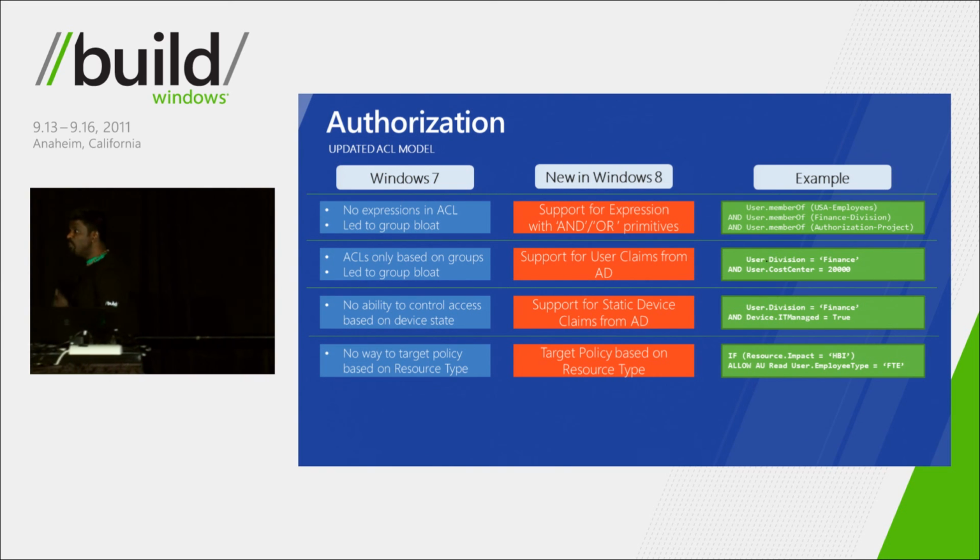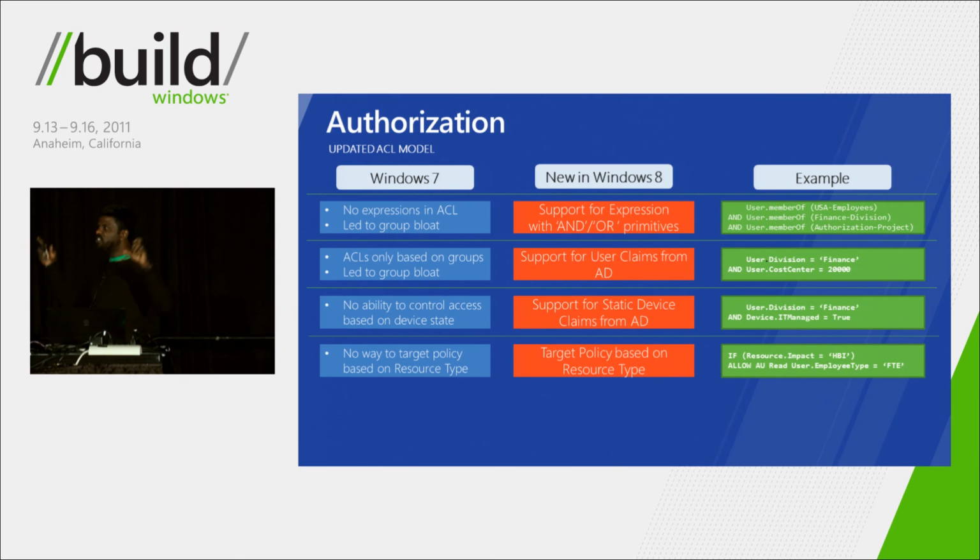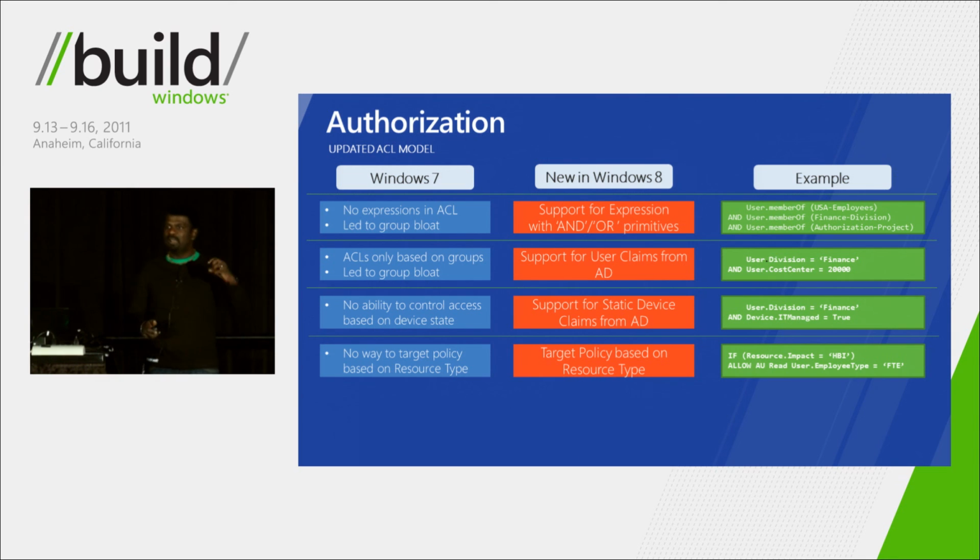When you really think about compliance, these are some of the key things that your organization and your application really care about, because it's managing data for these. So we have this notion of if resource.impact equals high, there's an applies-to that says we can apply a specific policy to that.